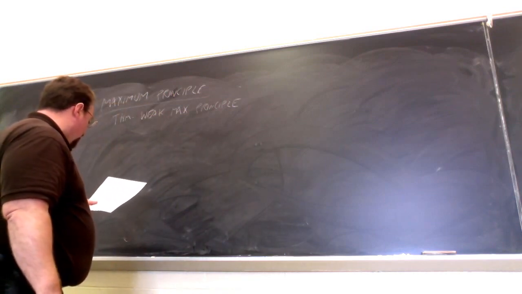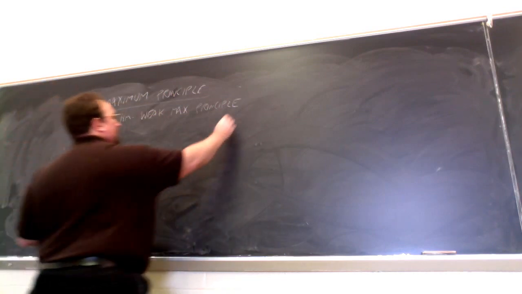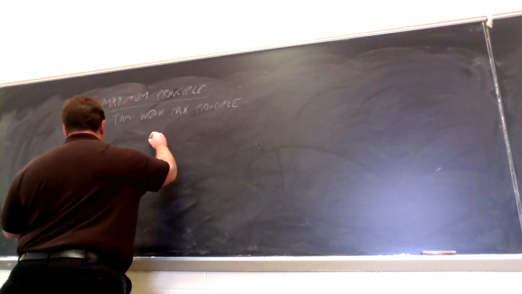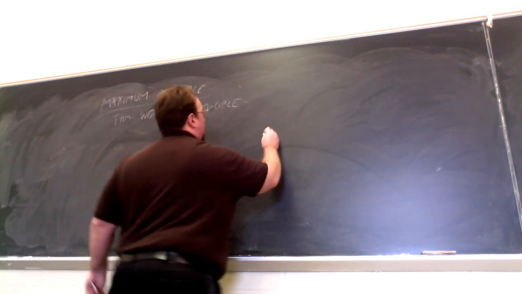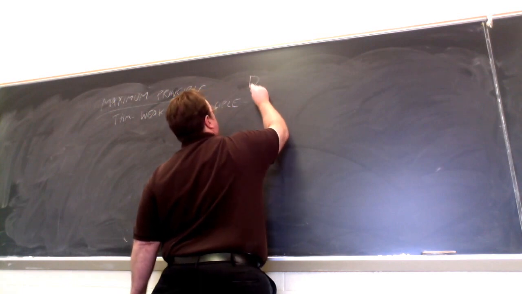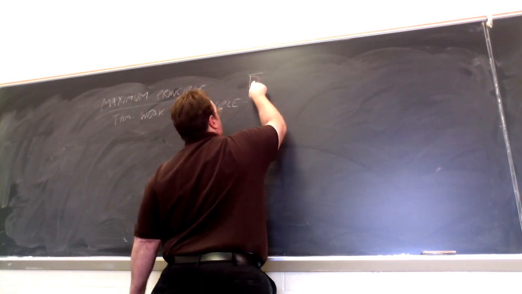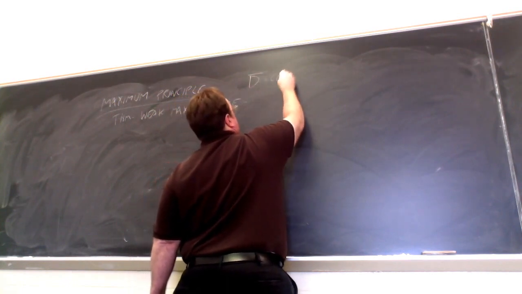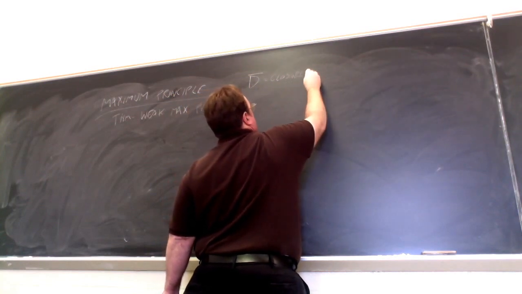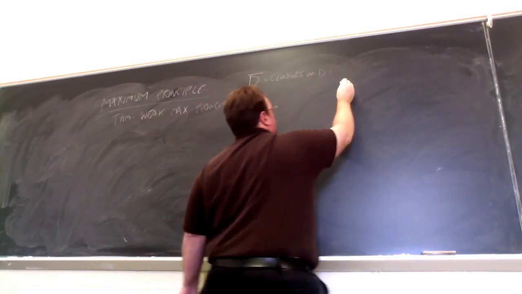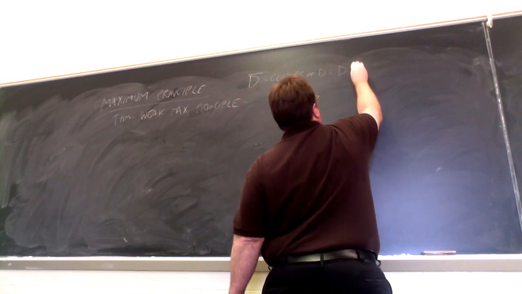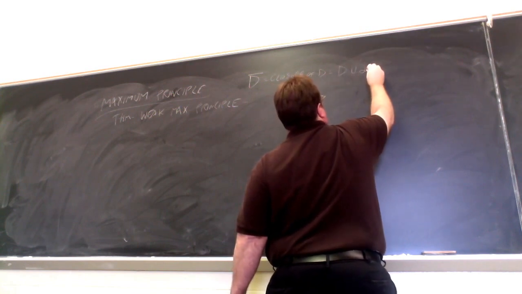Now first, notation. I have a domain D, but D bar is called the closure of D. And all that is D itself union with its boundary.